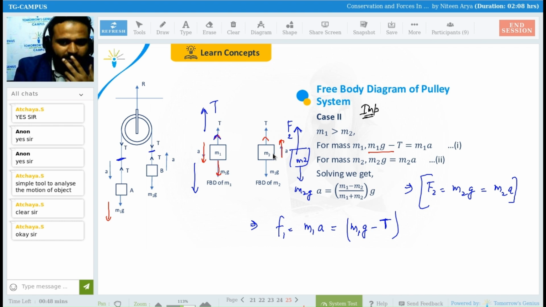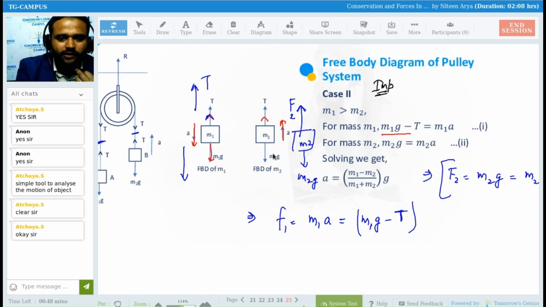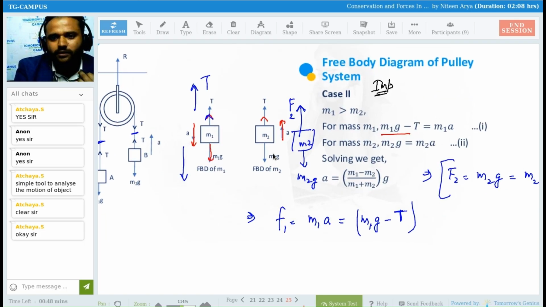Okay. Now to get A, m1g minus T, from here we get the tension force, solving, we get... one thing is missing. That is not going to be m2a, that is going to be the tension force, or you can say m2a also.